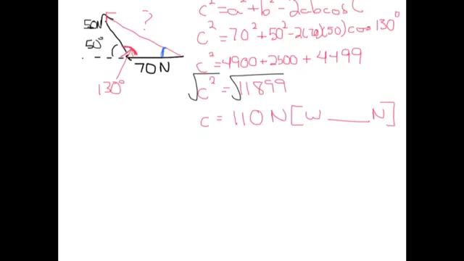Here, we'll use the magnitude that we just found. I'm going to call that little a, over sine of the angle opposite to it. The angle opposite to that is 130 degrees.